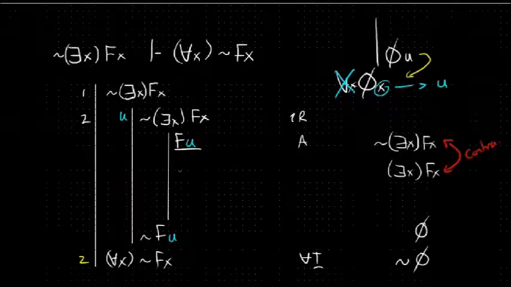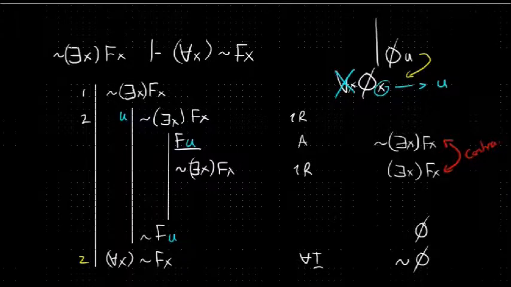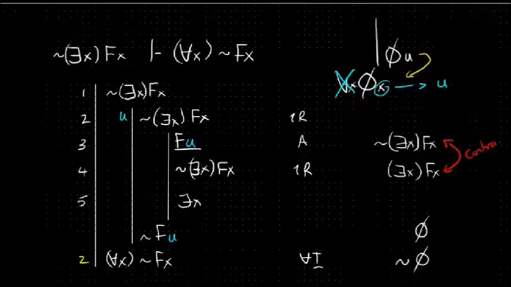So let's reiterate up not ex fx from line, let's say from line 1, reiterate it up from there. Okay, we just need to generate ex fx, and of course we can do that really easily just with an existential introduction of 3. So fu just quite simply goes to ex fx.